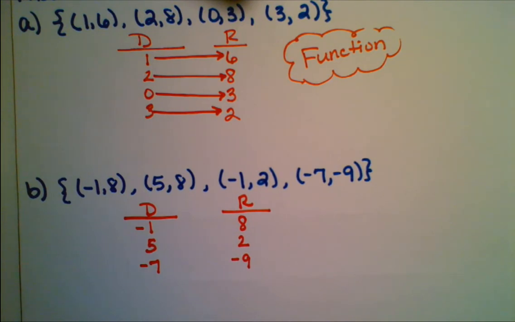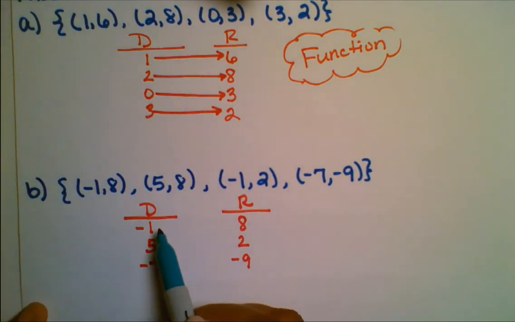Okay, so next, what's going to take place here is that we want to map. And what I'm noticing here, because remember, in order for a relation to be a function, your x coordinate can only be paired with exactly one y coordinate. As we look at this example, look at -1.